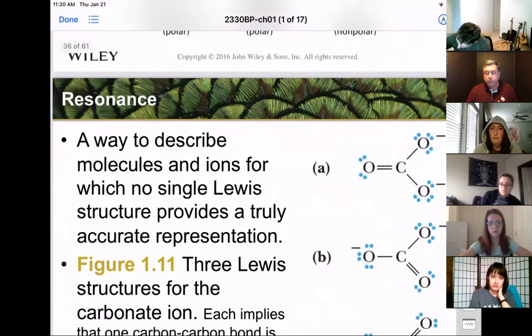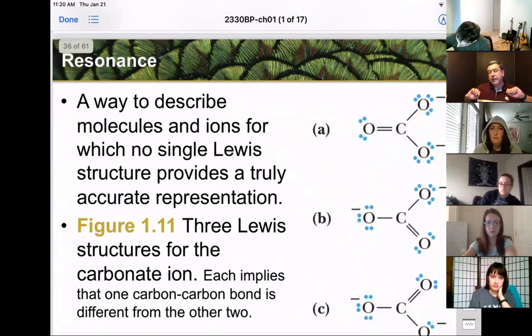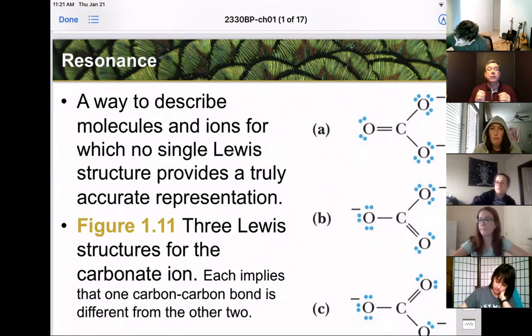Okay, and this was actually brought up in the last class about, is there only one way to draw a Lewis dot structure? Sometimes, especially when you have an ion and you have the same atom sprinkled around, it might be possible to draw more than one Lewis dot structure that accurately portrays the material. And the reason for this is, is there really a difference between each of these oxygens?